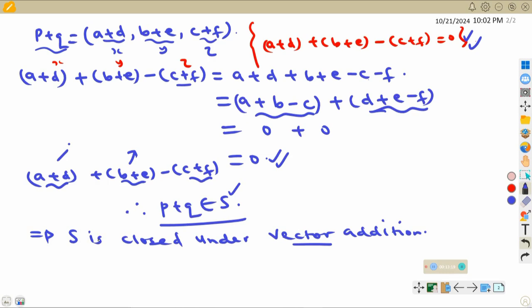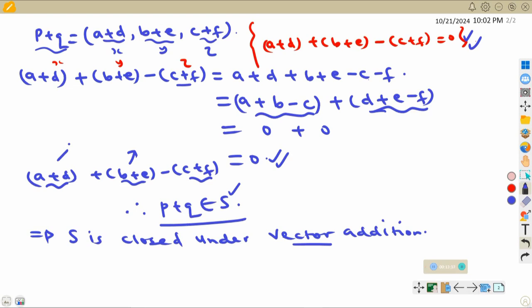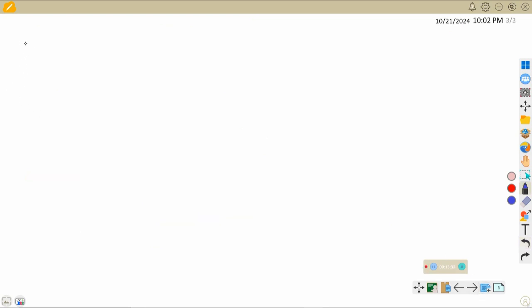So now we look at the next condition that must be satisfied. Remember, there are three conditions: the one for the zero vector, the one for closed under vector addition, and the next should be closed under scalar multiplication. So let us look at condition number 3.